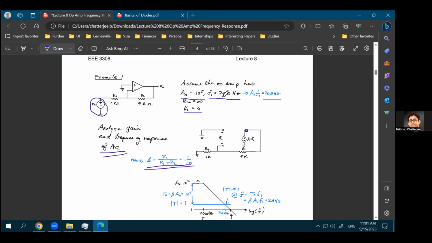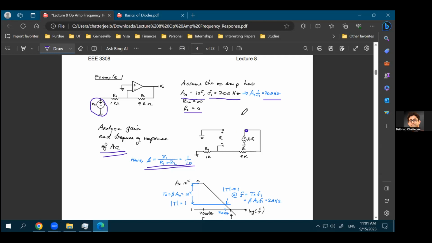Now this is a tricky part. Coming back to your question, we are saying that F1 is 200 Hertz, which means that there is a pole, but we are saying that RO is 0 in this case. So of course there is a disconnect, but we are creating that disconnect just to make the problem simpler. The F1 or the pole actually arises because you had an output resistance and an output capacitance. But to make the problem simpler, we'll still assume that there is no output resistance.